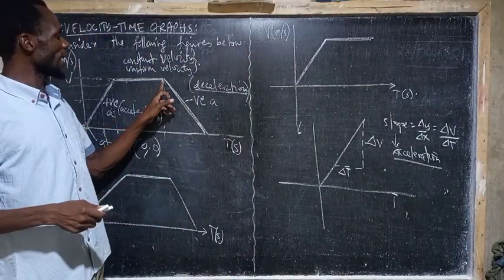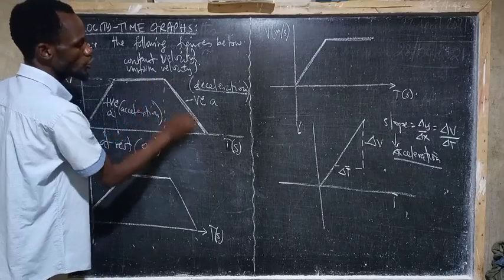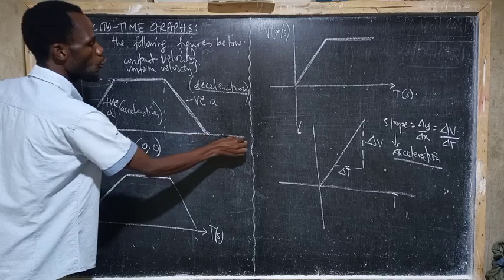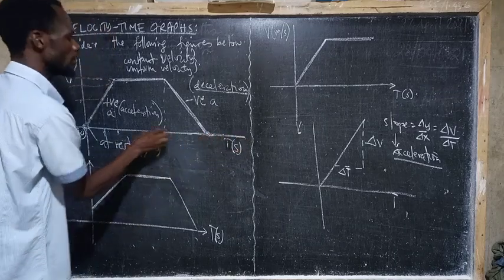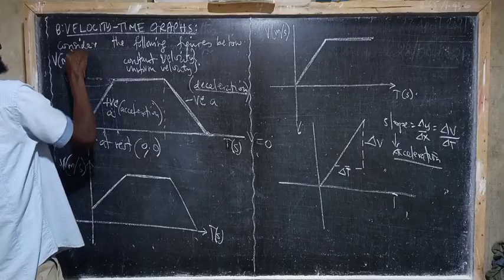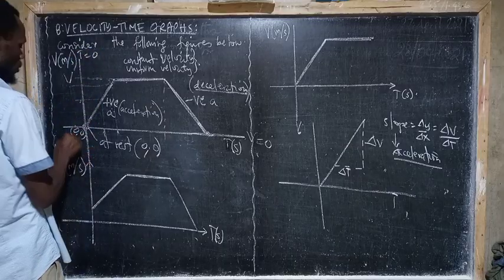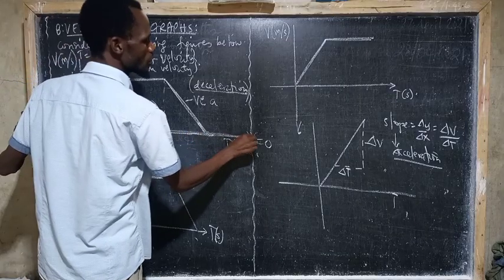Then baada ya muda fulani, kutoka point hii hapa tunaona ilishuka mpaka ikafika hapa kwenye 0. Kumbuka hapa kwenye line hii velocity is equal to 0. Halafu kwenye line hii time is equal to 0.